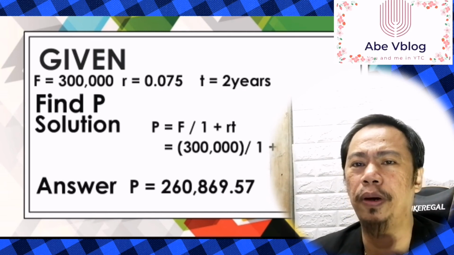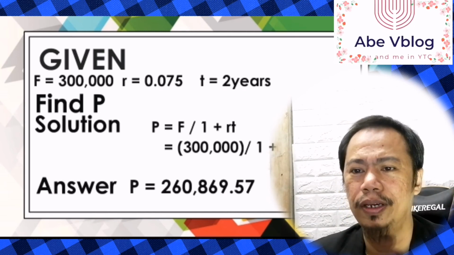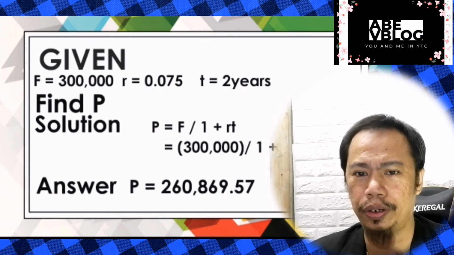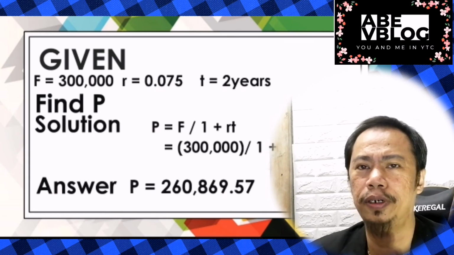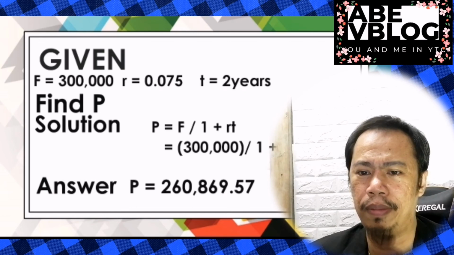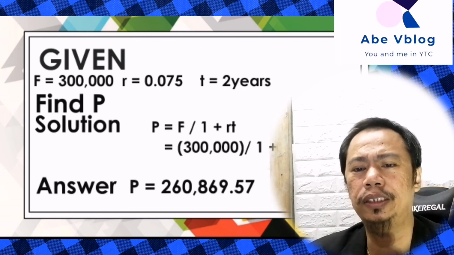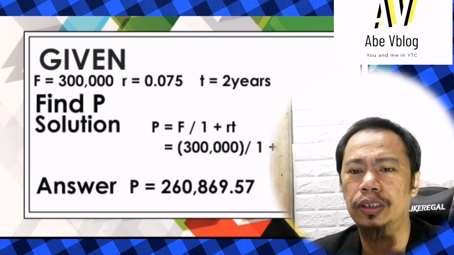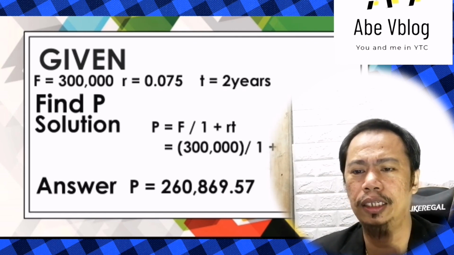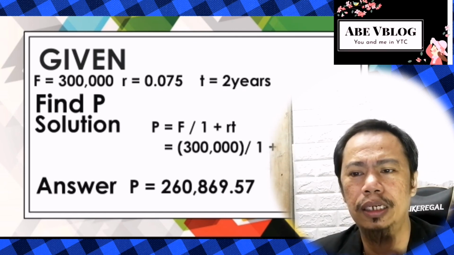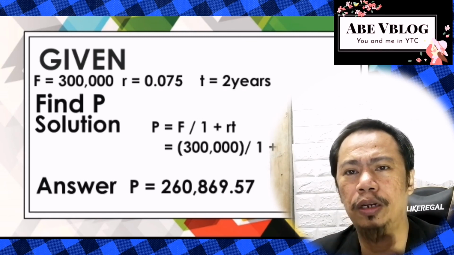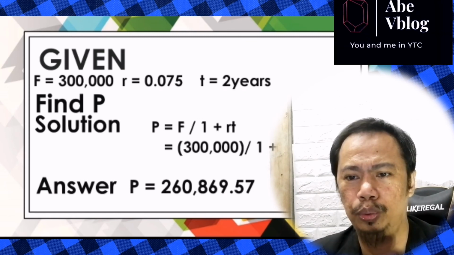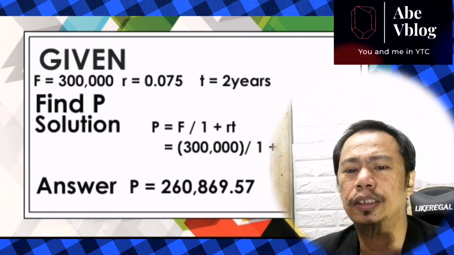Then R is 0.075 and the time is 2 years. We are asked to solve for the P, the principal amount. So P is equal to F over 1 plus RT. F is 300,000, and we divide it by 1 plus the product of 0.075 and 2.